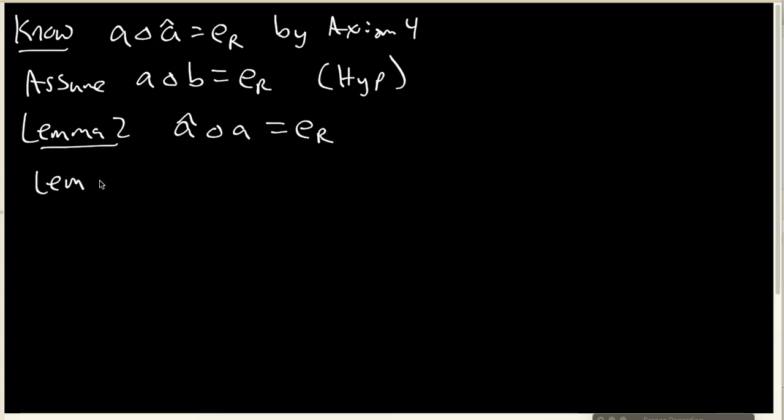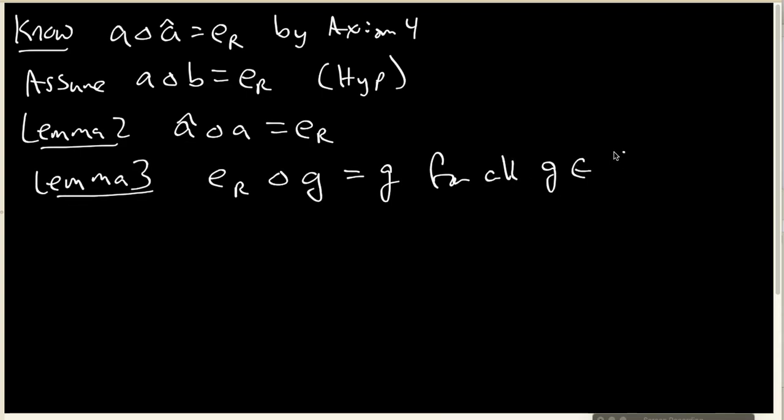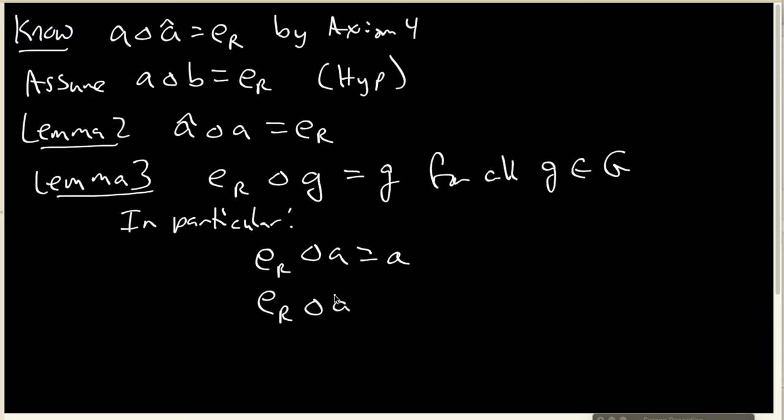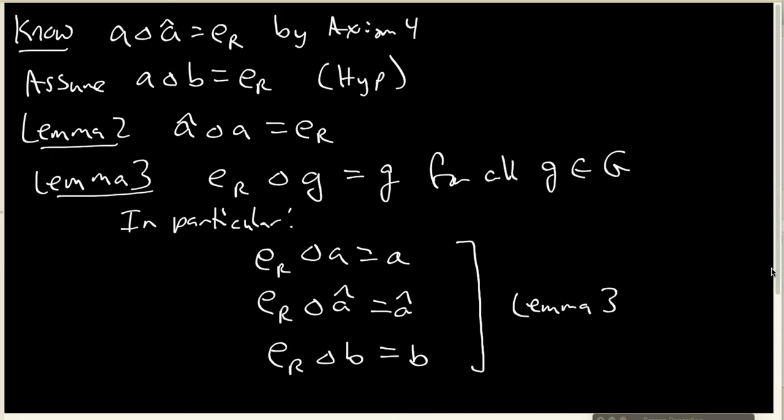And we also know lemma 3, which says ER triangled with G is going to be G for all G inside group G. So in particular, ER triangled with A is equal to A, ER triangled with A hat is equal to A hat, and ER triangled with B is equal to B. All of these are from lemma 3.